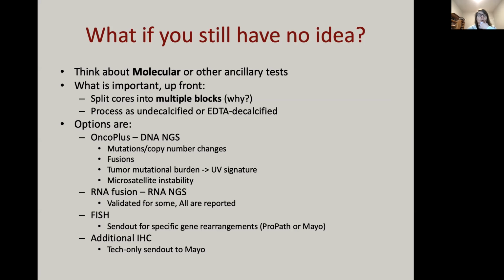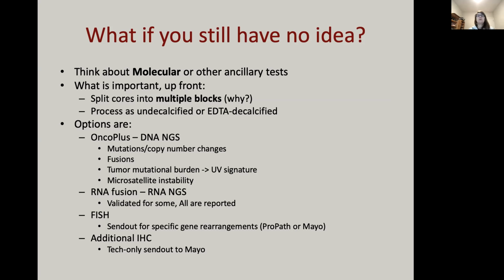So how do we think about this on the back end? I know you guys don't gross core biopsies very much anymore, but if you are ever asked to consult, I would always say split the cores up into multiple blocks, right? So don't throw all of the cores into one block. Because if you do 30 immunostains, 50 immunostains, and then you want to do molecular, you're done, right?